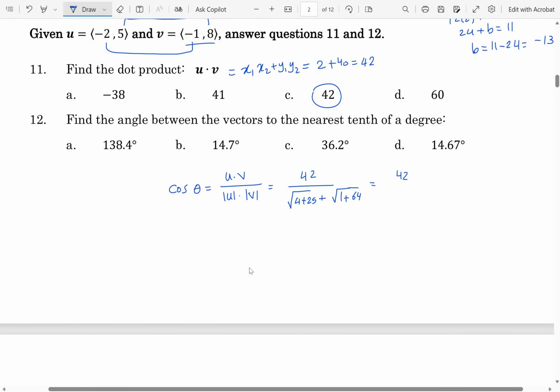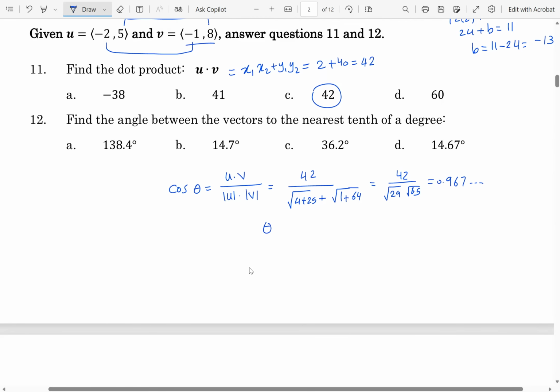So it's 42 over root 29 times root 65. Just write this value in your calculator, 42 over root 29 times square root of 65. The answer is 0.967 and so on.